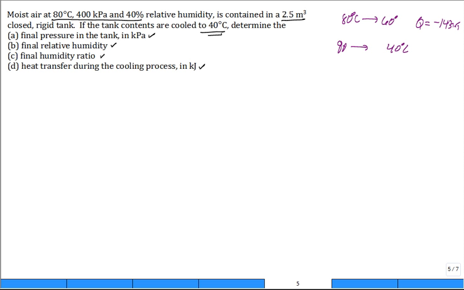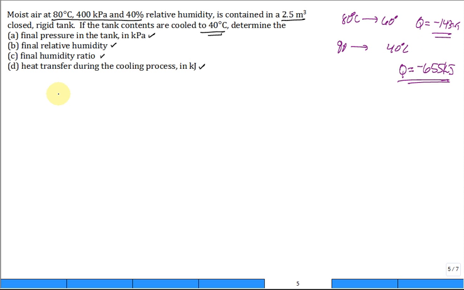And when it condenses, there's a lot more energy that needs to be removed to condense water vapor. To cool water vapor is one thing, to condense it's another. And the final answer, to help put it in perspective, is negative 655 kilojoules. That's a lot more than just double. So how do you make that calculation?